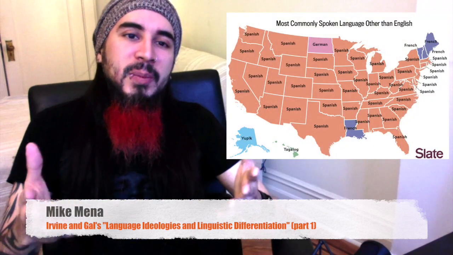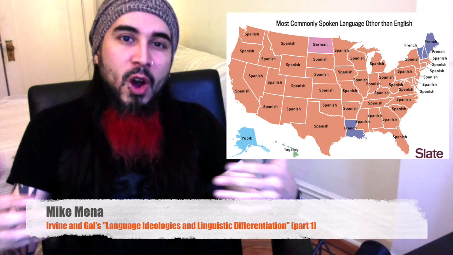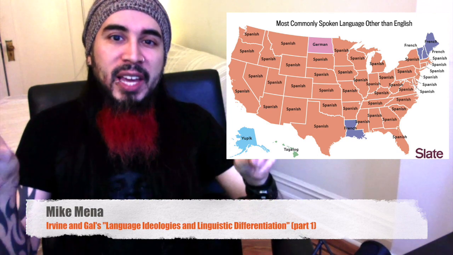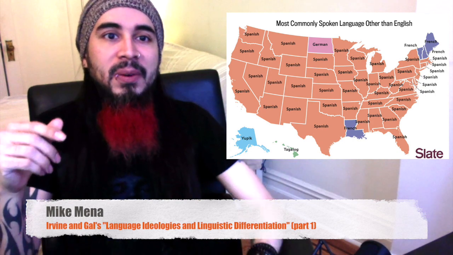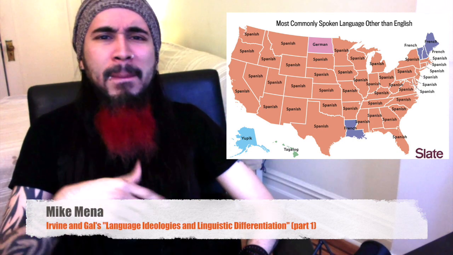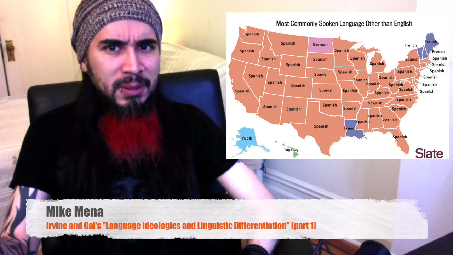Let's look at another map from a popular magazine called Slate, or an online zine. So, in this map, all the pink states are the states where Spanish is the language most commonly used that's not English, right? Now look at all these apparently Spanish-speaking states.